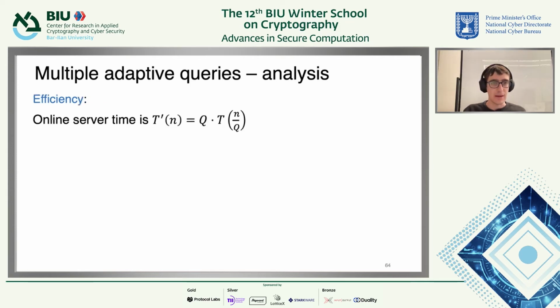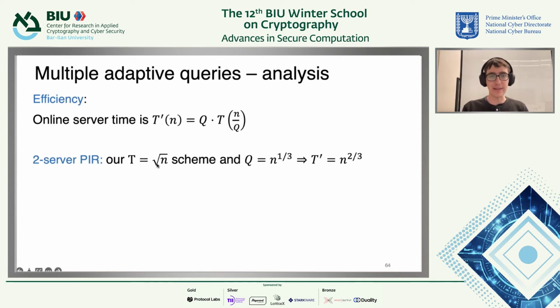Now let's see that we didn't lose the sublinear online time property that we wanted. We can analyze the communication as well, but let's just look at the online server time. The online server time of the new scheme, T prime, on a database of size n consists of the server running the answer algorithm Q times, but each time on a smaller database of size n over Q, the size of each bucket.